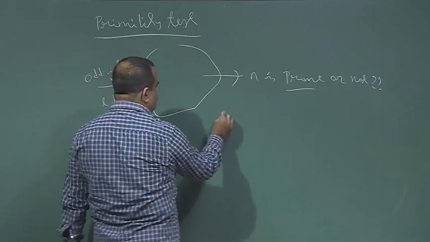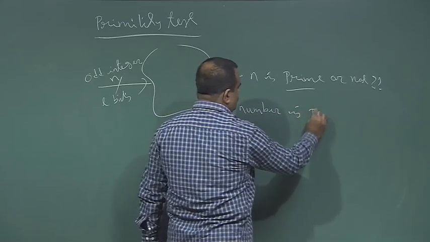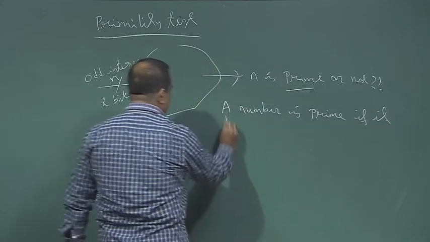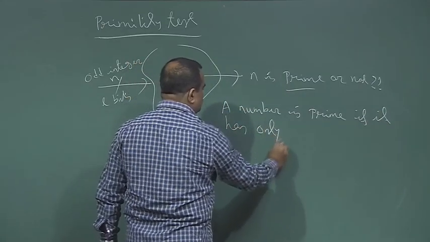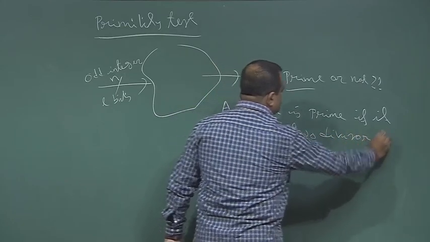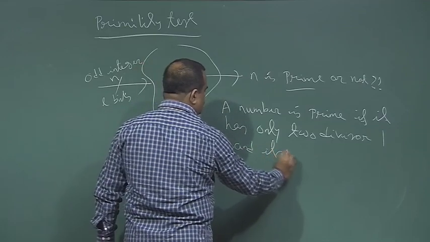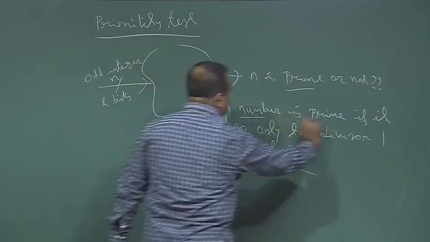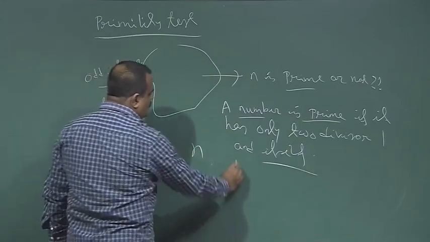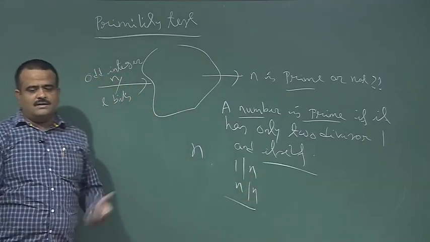A number is prime if it has only two divisors, 1 and itself. So, if n is prime, that means n has only two divisors, 1 and n itself, and there is no other divisor of n.